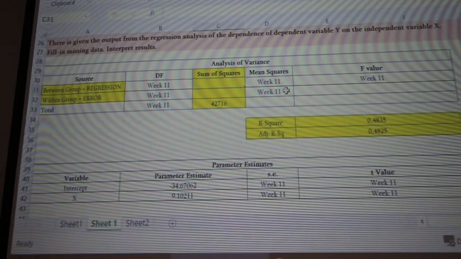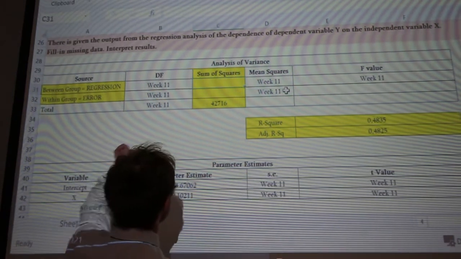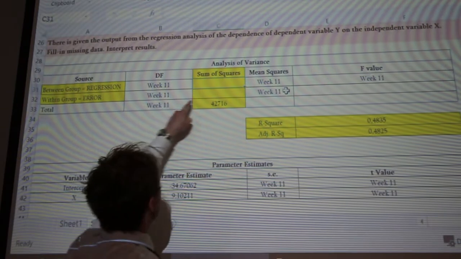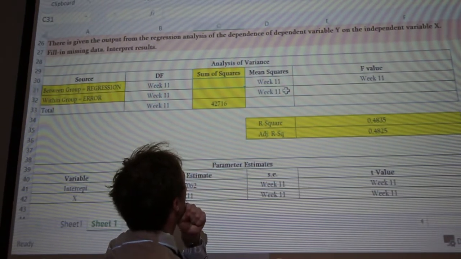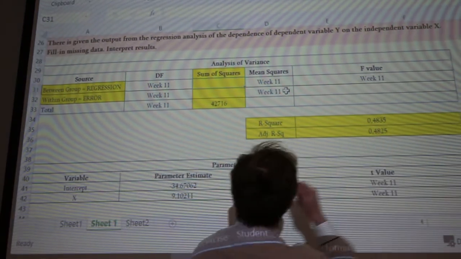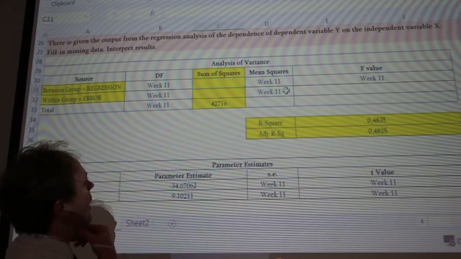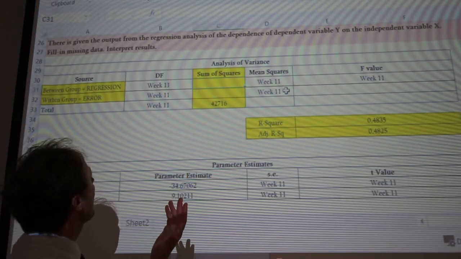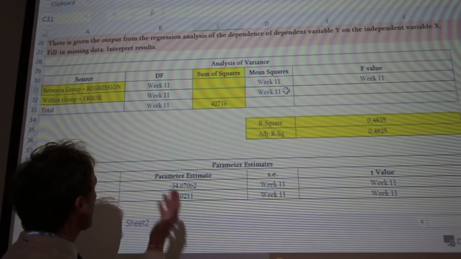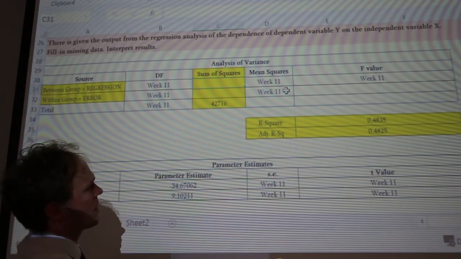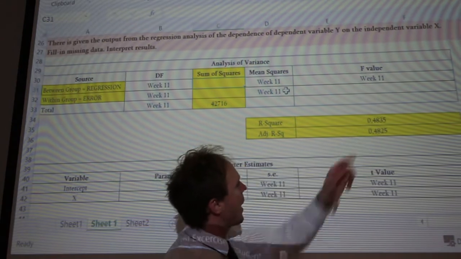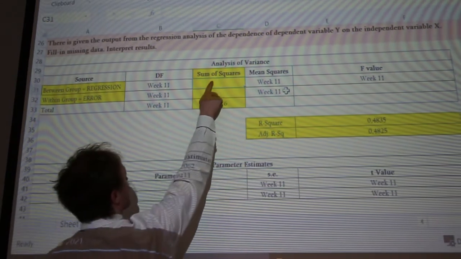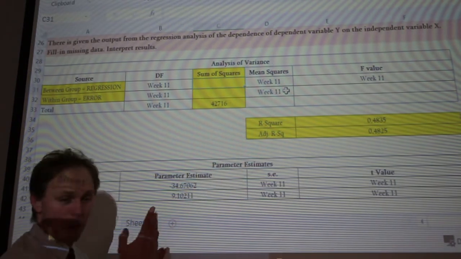Okay, so regression sum of squares is unknown, error sum of squares is unknown, we know R square and adjusted R square, so it's possible to calculate regression sum of squares, because we know that R square is a ratio of regression and total sum of squares.